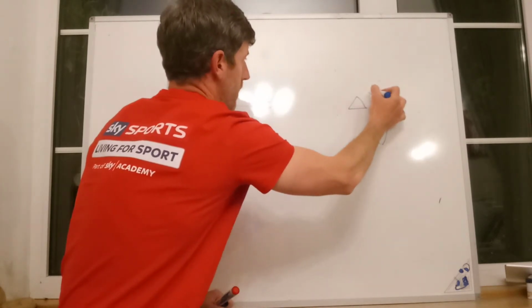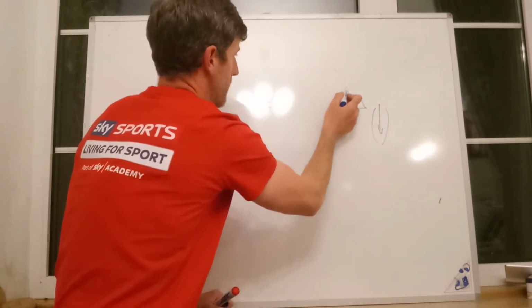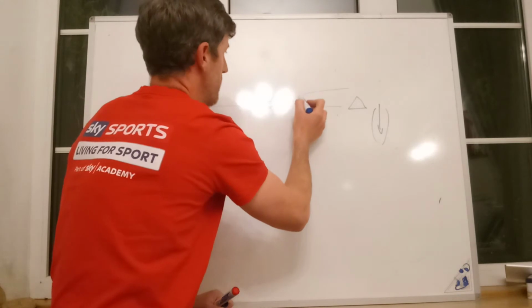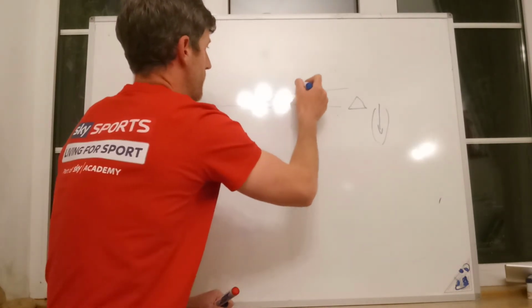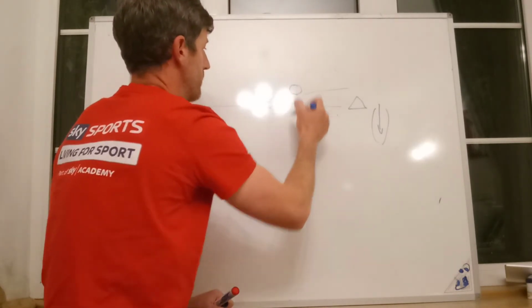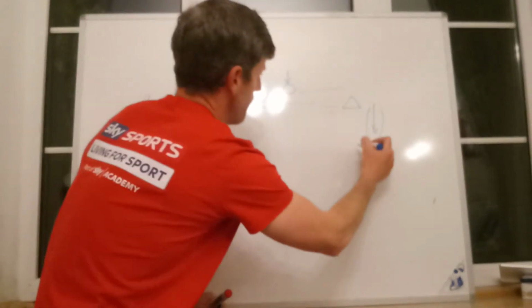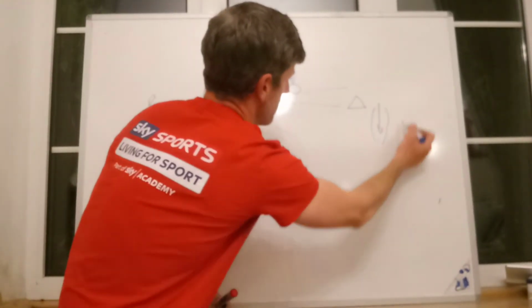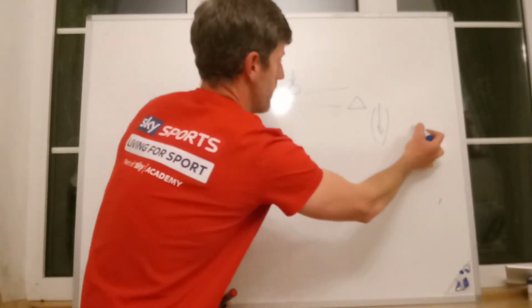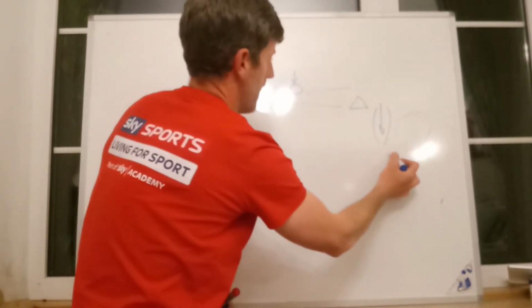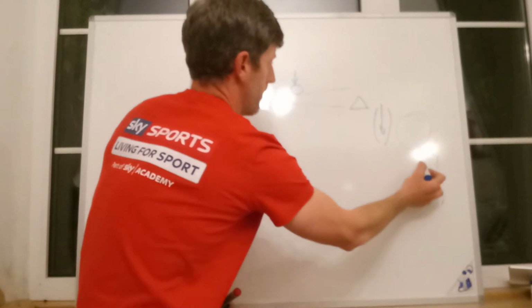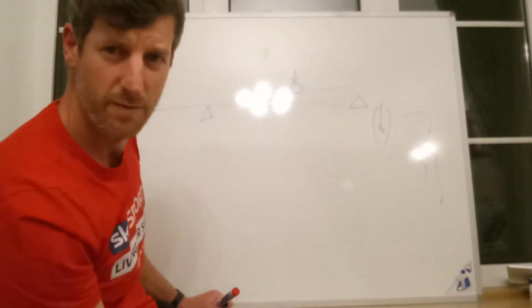This is the joint, and this is the arm, and the hand. The hand's holding a weight. So imagine that the person's head is there.